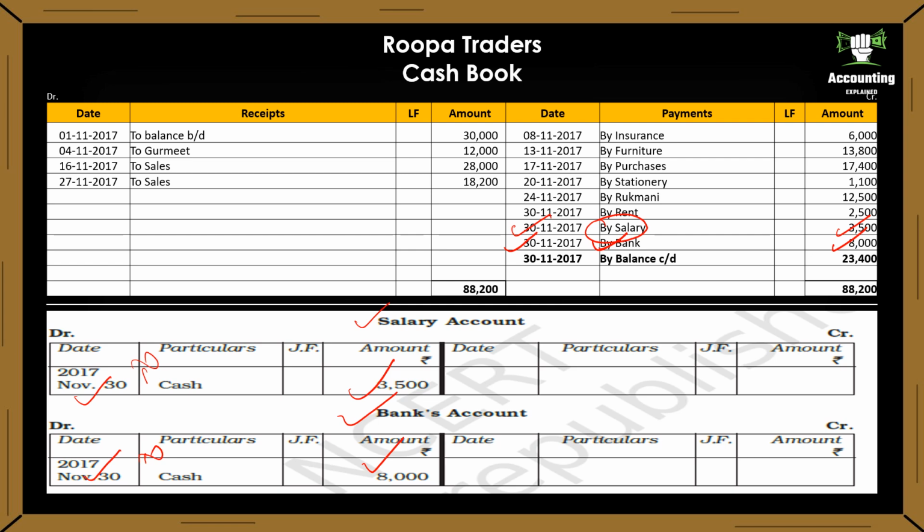The other is taking directly to the receipt side all the transactions which increase the cash balance, and taking to the payment side all the transactions which decrease the cash balance. That is the easiest trick to solve the cash book. Now we have also learned how to do ledger posting from the cash book. With this, we are completing the single column cash book.